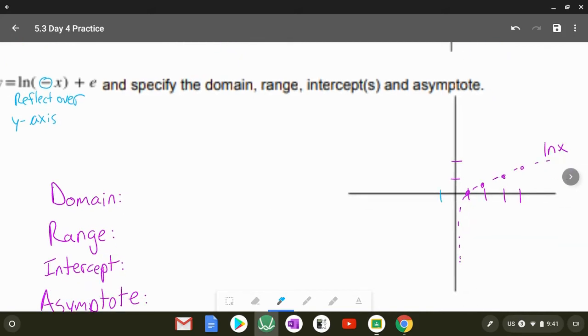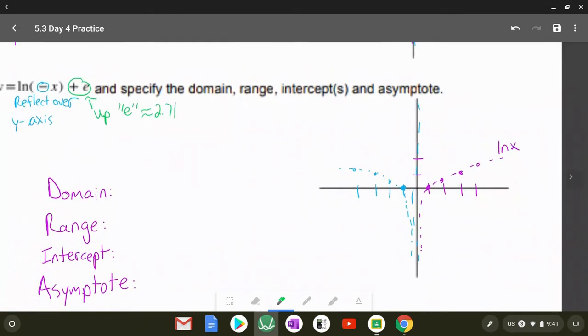So that's the first thing we can do. So we can flip it, reflect it over that y-axis. So that's the first transformation. Didn't affect our vertical asymptote. And then the second transformation, plus e, is going to be up e units, which again, remember, is approximately 2.71.